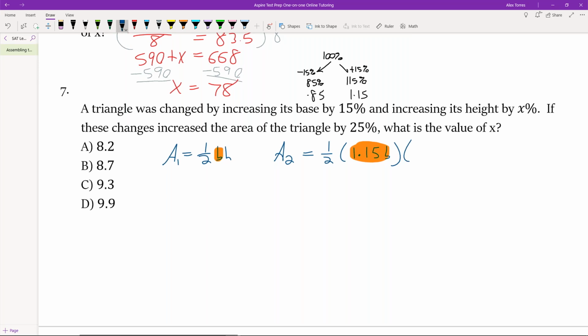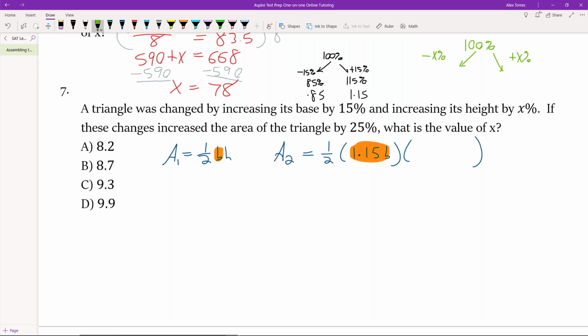With the height, it's a lot more complicated because we have an unknown percent change. Same underlying concept though. So if I have 100%, let's think of it as on the left, we're taking away x percent, and here we're adding x percent. So we're doing the same thing we did in black, but we don't know the actual percent.